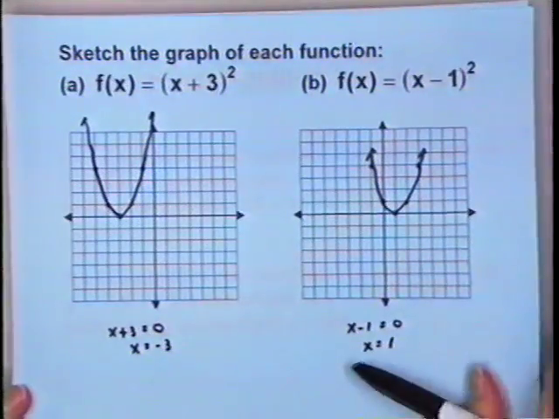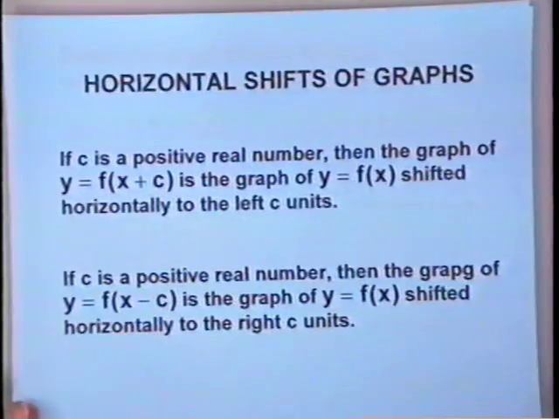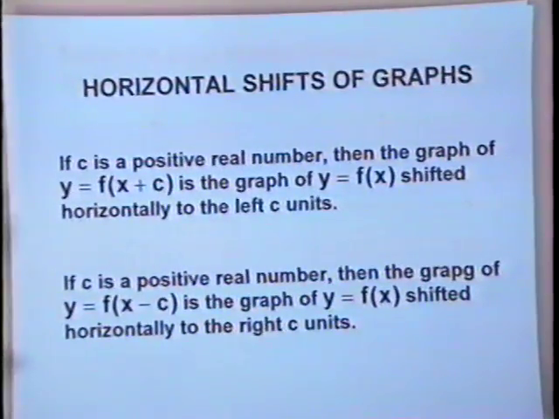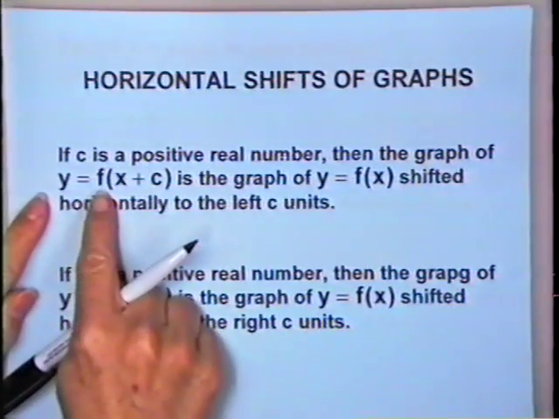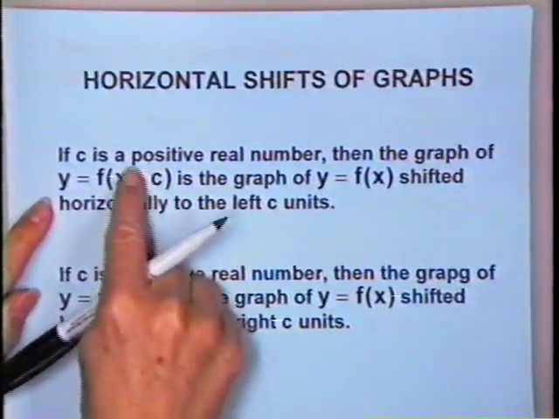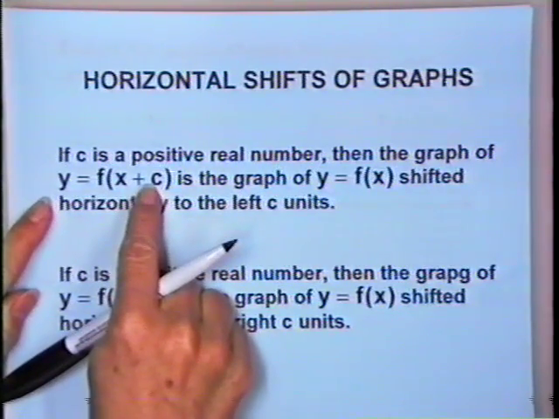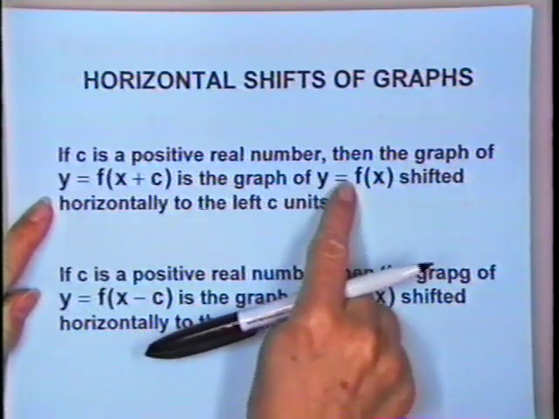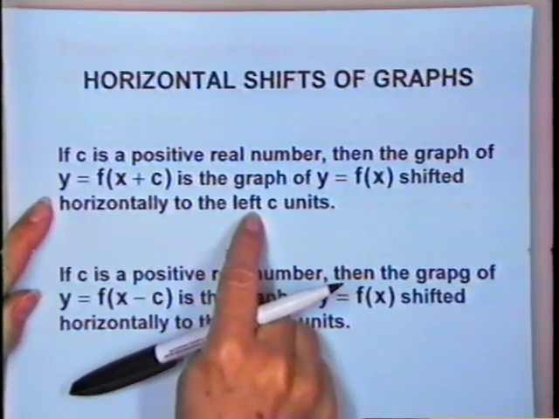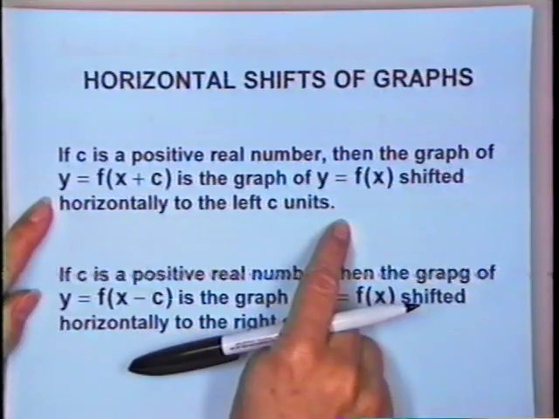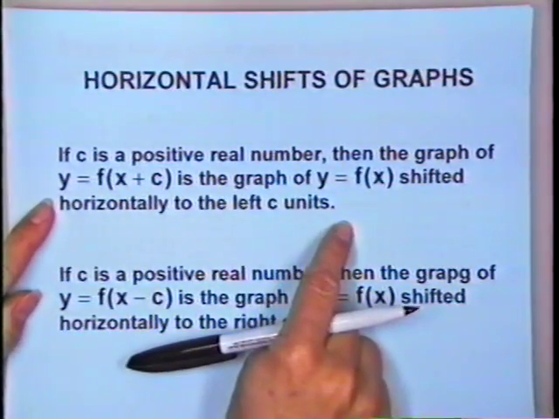Let's look at our rule that we have concerning this translation. We call this a horizontal shift. If c is a positive real number, then the graph of y equals f of the quantity x plus c is the graph of y equals f of x shifted horizontally to the left c units. Now this is really important that you understand.